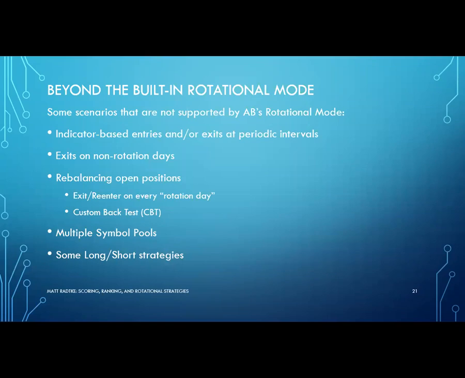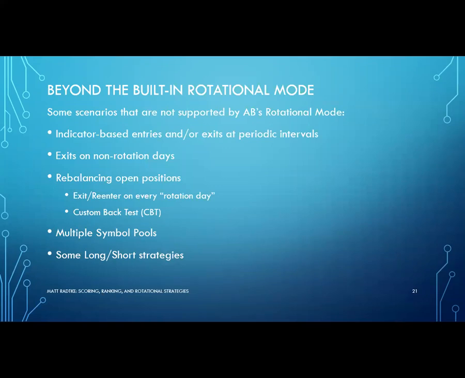So I want to have one pool that's the S&P 500 stocks to pick from for my 60% part of my portfolio, and then I want to have a smaller set of bond ETFs that I can choose from for the 40% of my portfolio. AmiBroker's built-in rotational mode has no idea how to do that. So again, if you want to do that, you're back to writing your own code in a non-rotational mode.